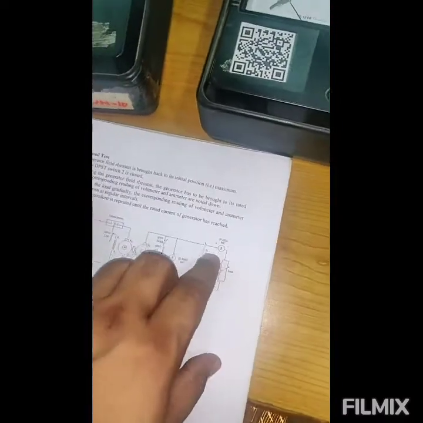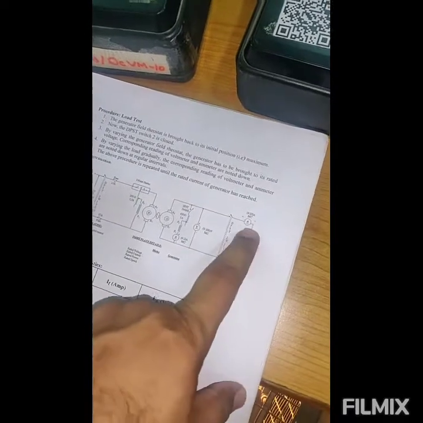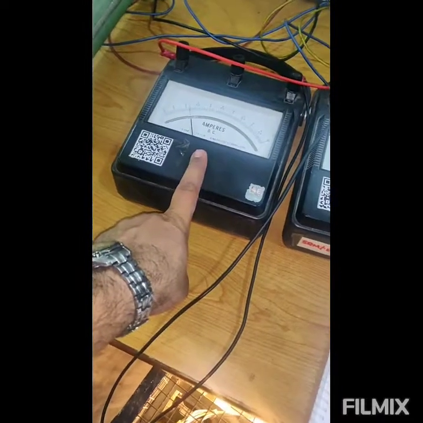Now this ammeter, the load current: previously it was an open circuit, so there was no current flowing through that ammeter, so it was showing 0 ampere.